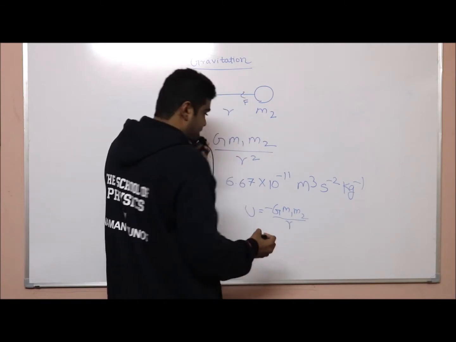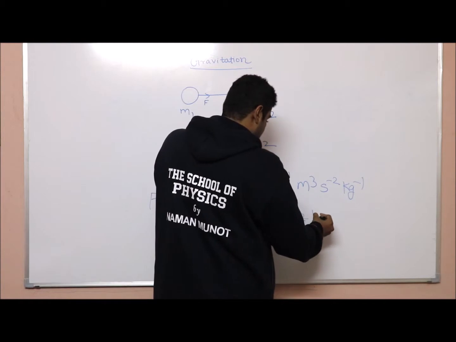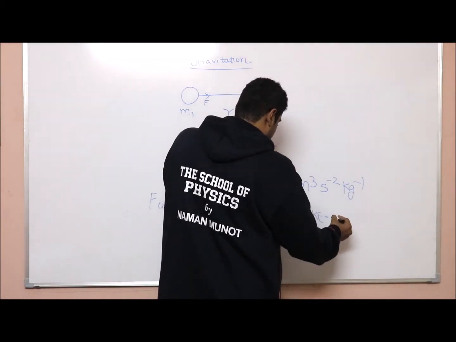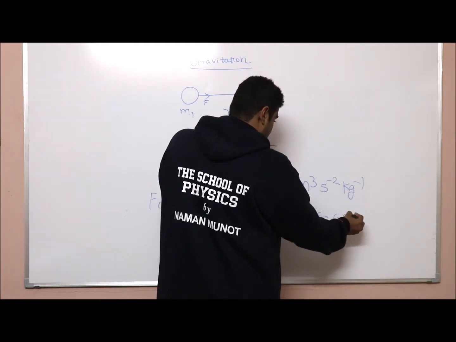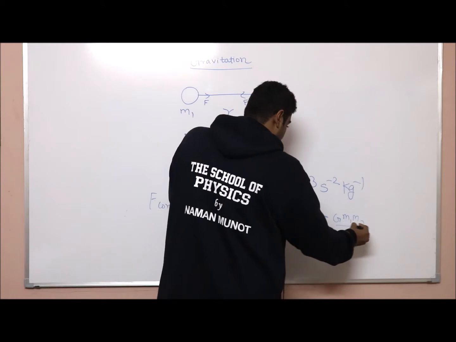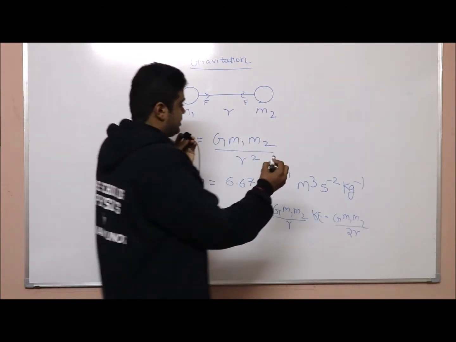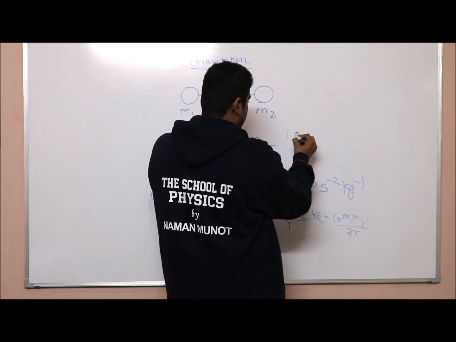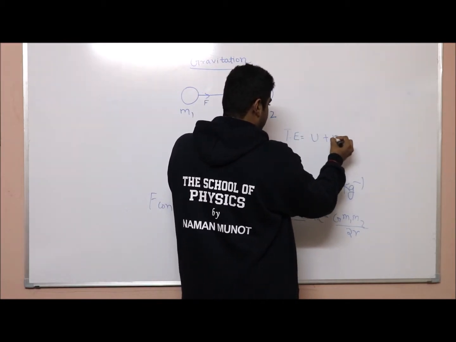Also you need to remember the kinetic energy. The kinetic energy comes out to be, we are not deriving it, you have to remember it, G m1 m2 upon 2r, and the total energy is the summation of kinetic energy plus potential energy.